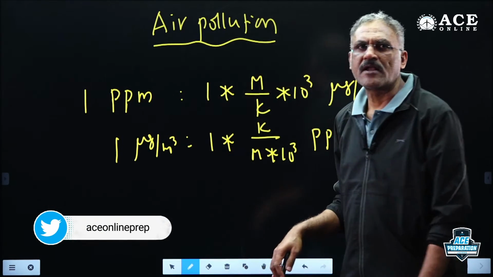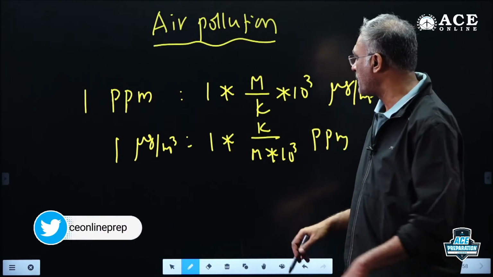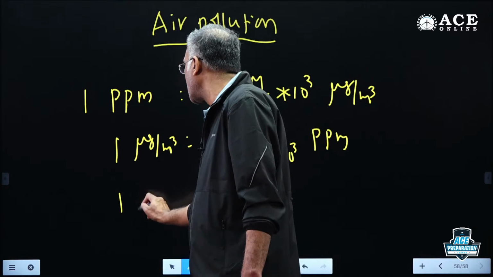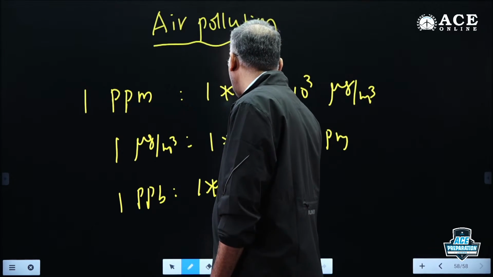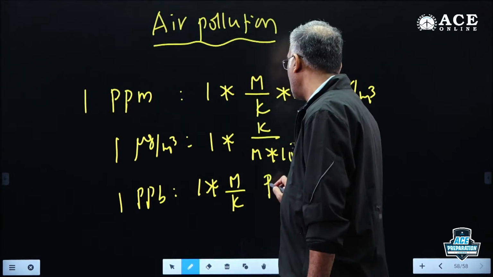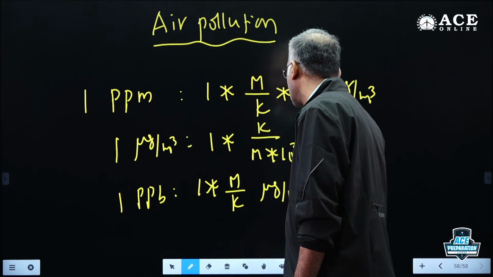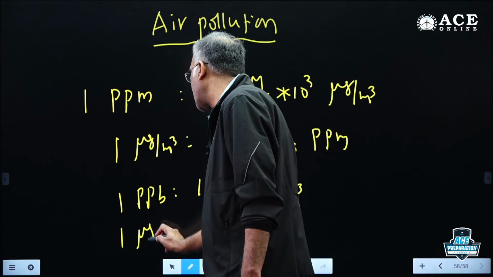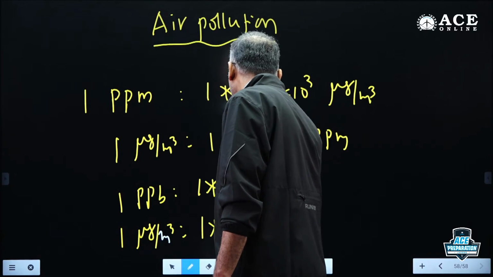They keep on asking questions in the GATE exam, conversion ppm to microgram, microgram to ppm. Similarly, 1 ppb of air contaminant is equal to 1 into M by K microgram per meter cube, and 1 microgram per meter cube of any air contaminant is equal to 1 into K by M ppb.